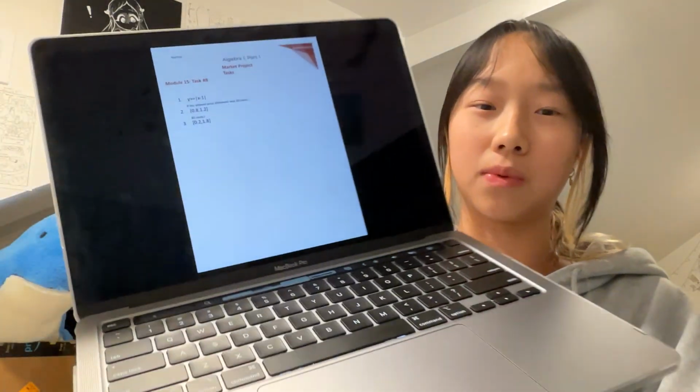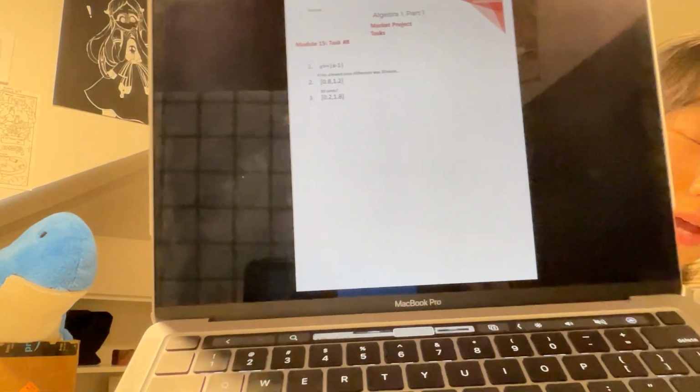The highlighted areas might be a little confusing because I couldn't figure out how to make anything transparent. So for task 8, my inequality is y is greater or equal to x minus 1 in absolute value.